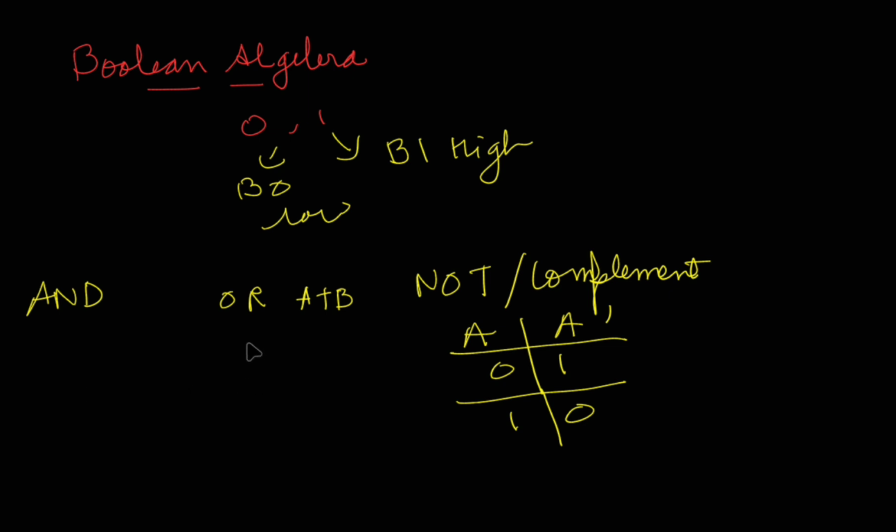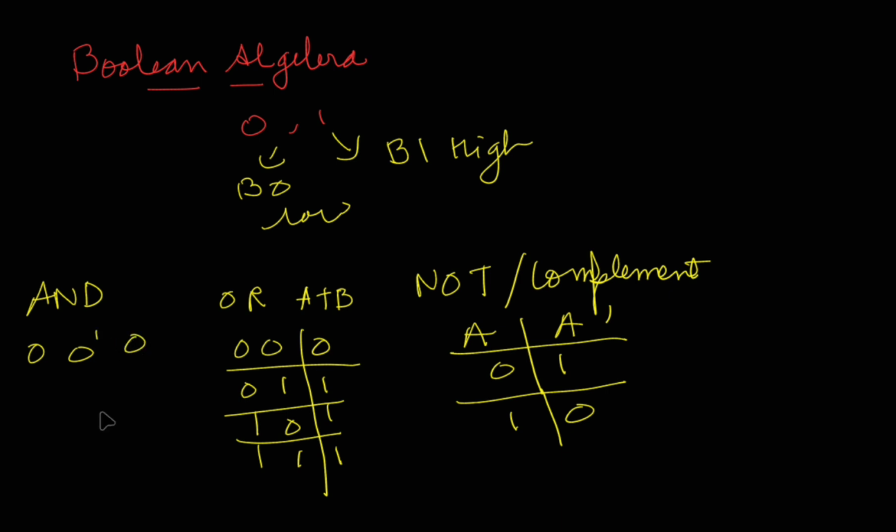If both are 0 then it will be 0, like this. And in AND, both should be 1. If any of them will be 0 then it will be 0, right? So this thing is clear.